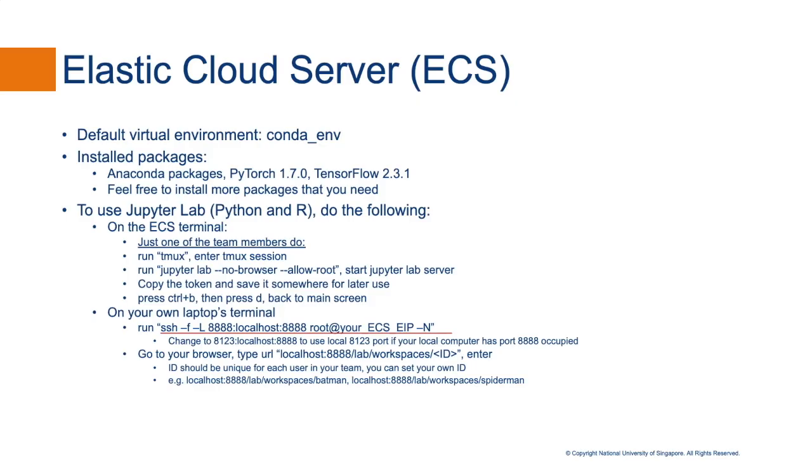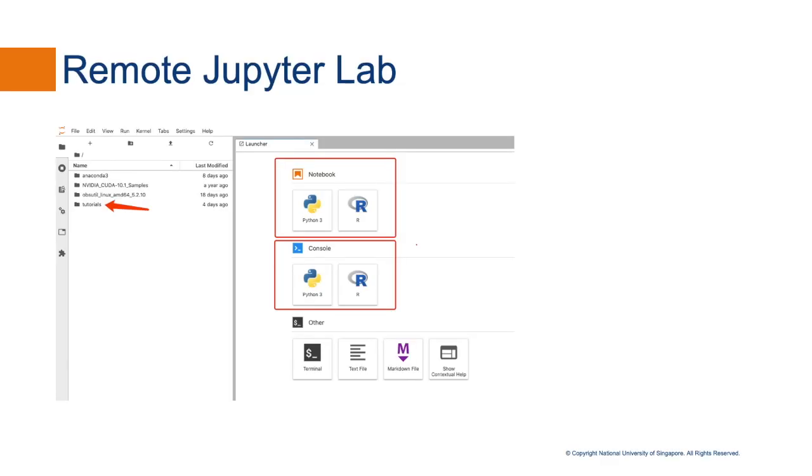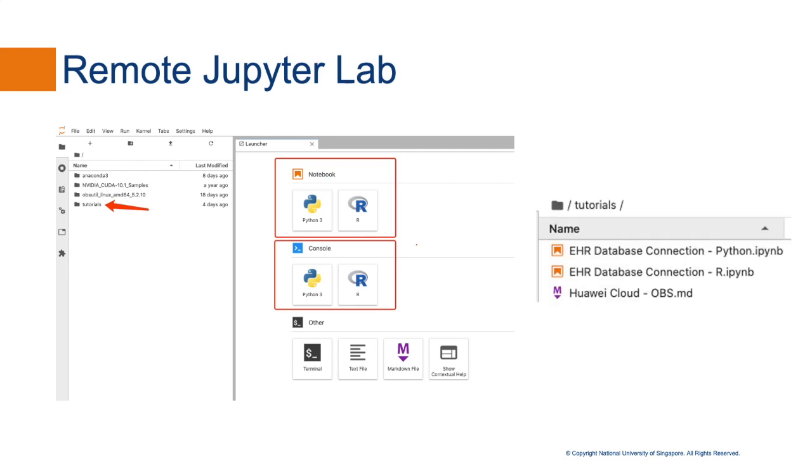If you have done everything correctly, you should see the Jupyter Lab interface in your browser. On the right-hand side of the Jupyter Lab, you can create Python 3 notebooks or R notebooks. On the left-hand side, it is the file directory on your ECS. In the tutorials folder, you can look at 2 example notebooks on how to connect to the EHR database and 1 example README file on how to use OBS.